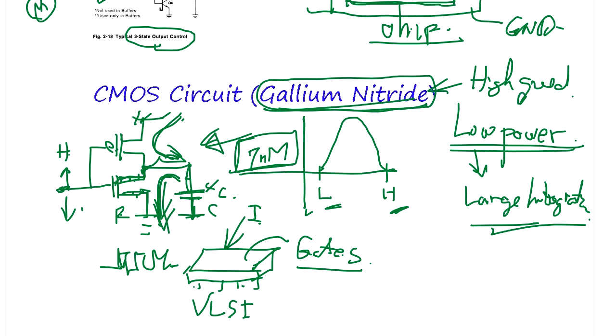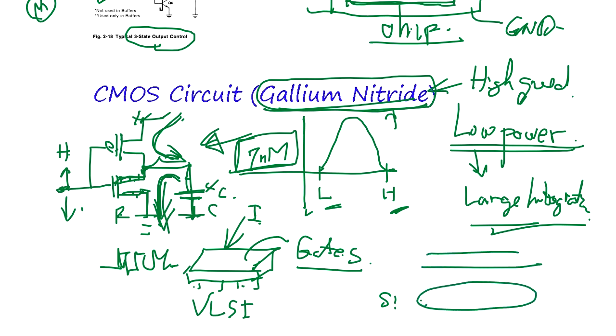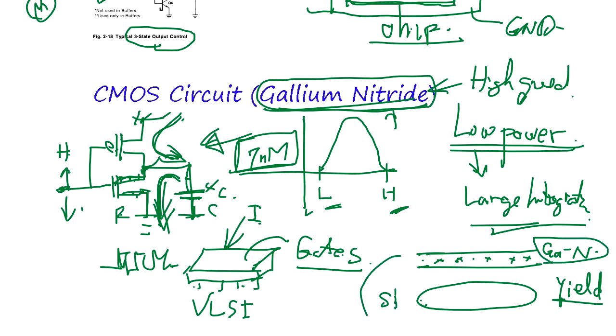But the problem is that it is costly. It's not for large integration, because what they do is use a silicon substrate and put a layer of gallium nitride on it, and this is prone to defects. So if you make a large circuit, you suffer in yield. That means you don't get many working chips. Why do you use a silicon substrate? Because otherwise you cannot use the existing fab.